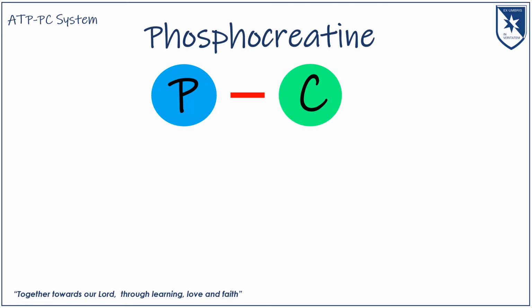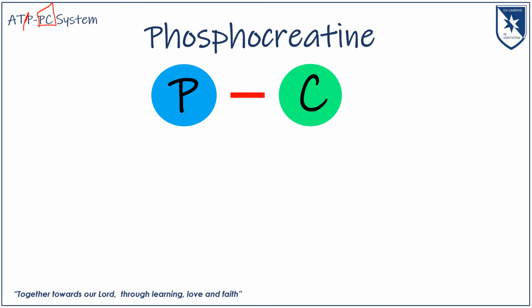So if we look now at the PC part of the ATP-PC system, it can be broken down the same way as the last phosphate was broken down on ATP. We can break down the PC, and that helps us to refuel and resynthesize our ATP, and I'll show you how that works.